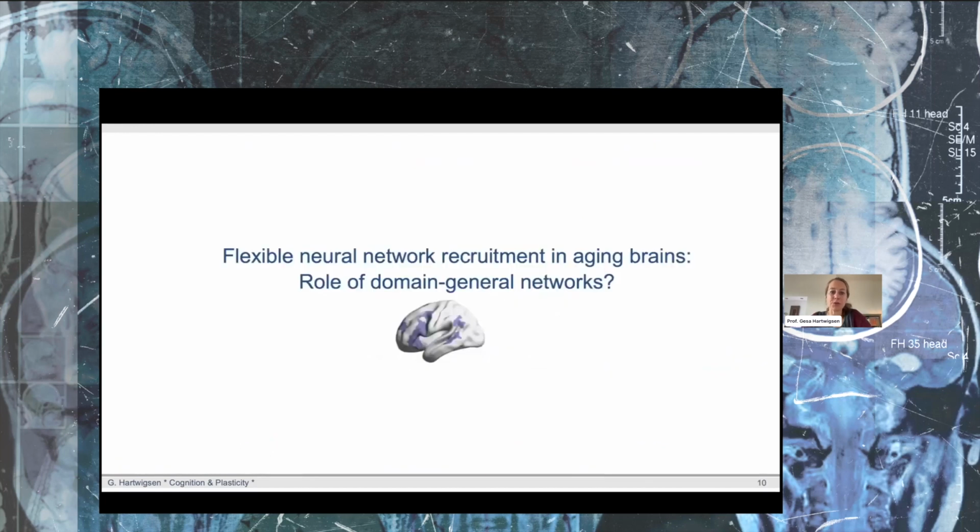So what do we know about flexible neural network recruitment in aging brains, and especially the role of domain general networks here? As I said, it is still hotly debated, once we age, which of the network changes that we observe reflect adaptation and compensation, and which of the network changes are rather reflecting the overall cognitive decline.